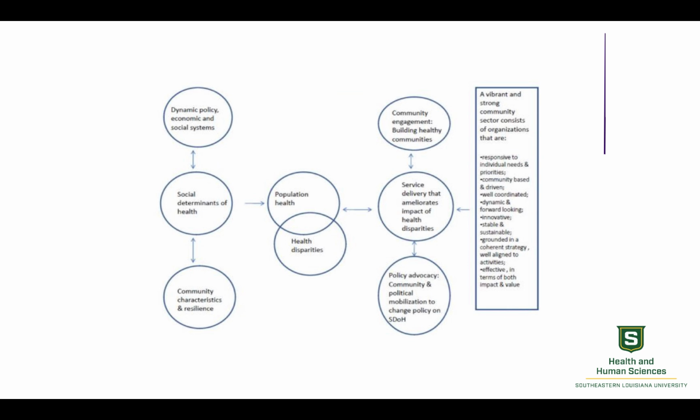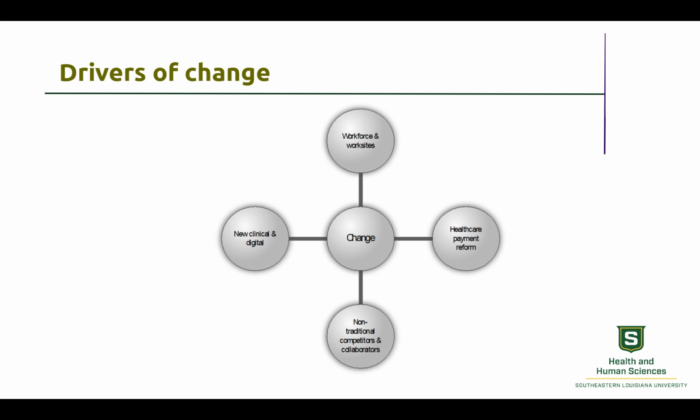So you can take a pause and really look through it. It's very educational. Just have a quick look so that you understand what it is talking about. So, drivers of change.